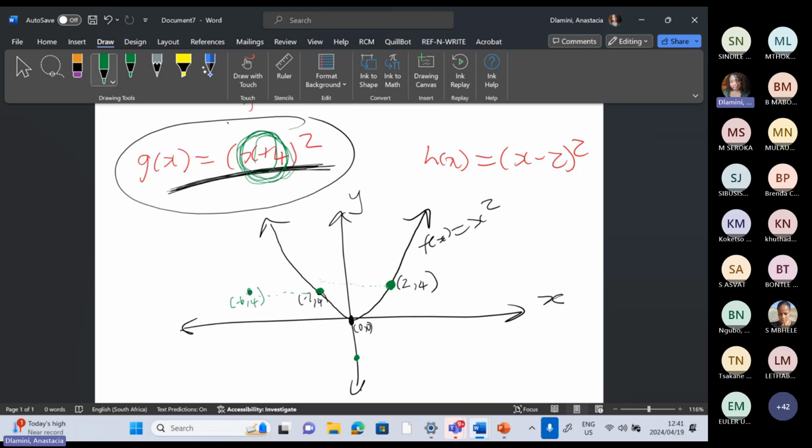Let's go back. So we are shifting it horizontally, not vertically, right? So the x value is the one changing. The x value will be somewhere here, at x is minus 4. So it's here. No, on the line. What am I saying?